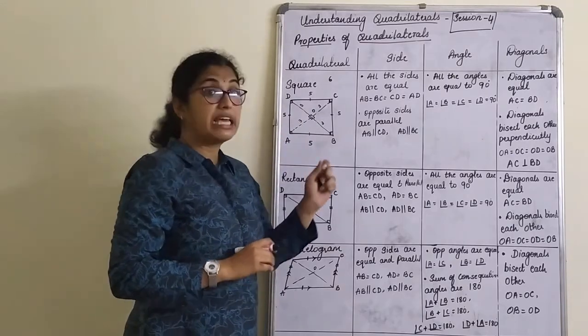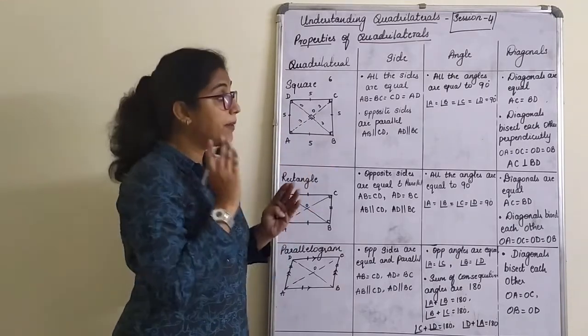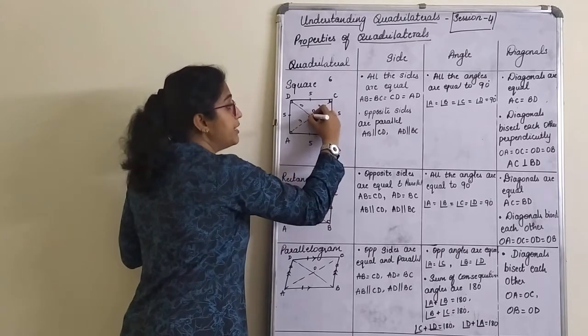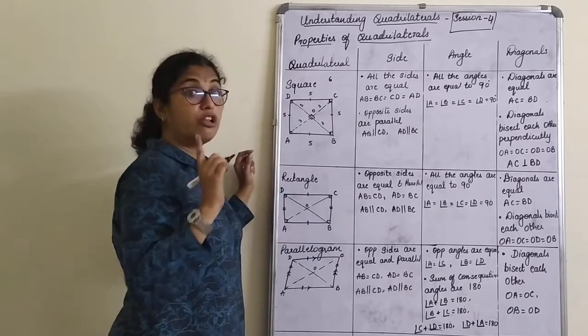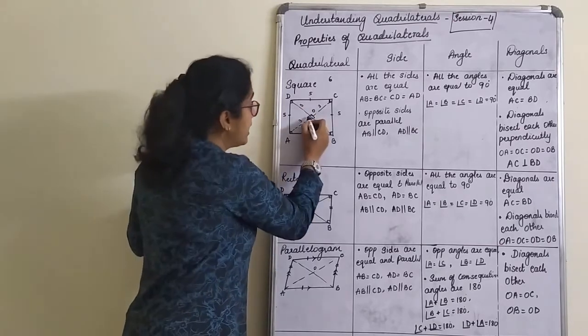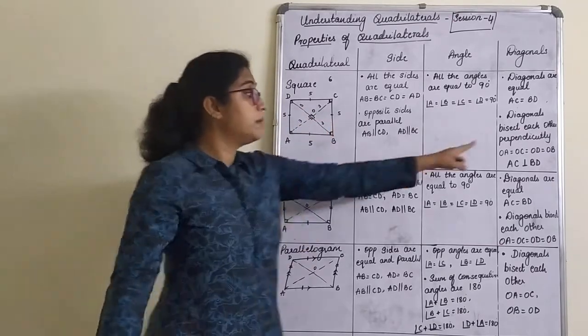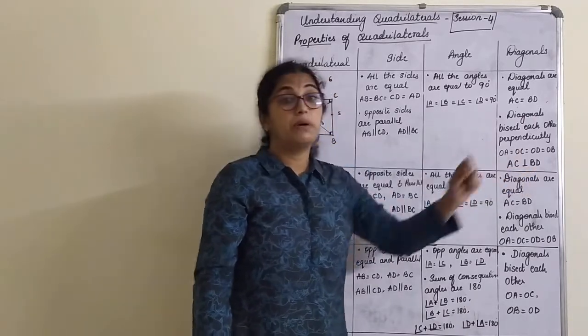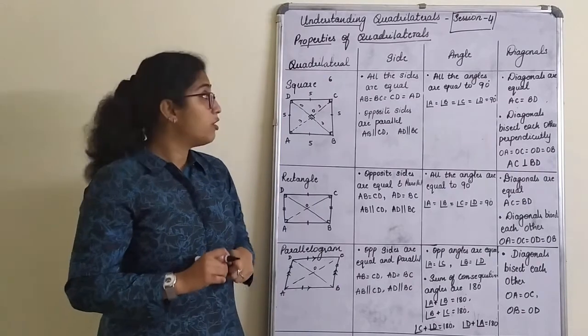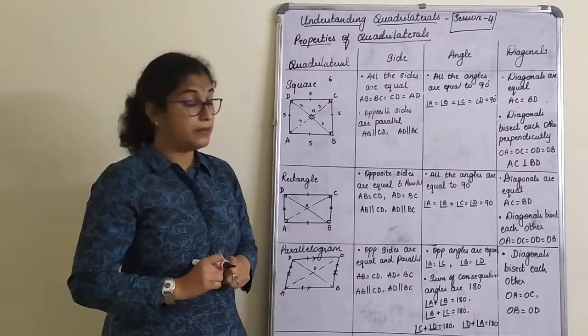That means diagonals bisect each other perpendicularly. If you measure the angle between these diagonals, what is formed here, that's always 90 degree. So diagonals bisect each other perpendicularly. Very important what you have to know. AC perpendicular to BD. In all the quadrilaterals it will not happen.